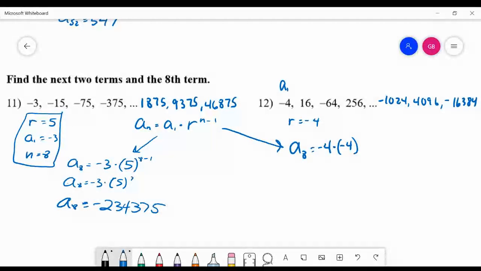And then our exponent is going to be 8 minus 1, or 7. So I'm going to put that into the calculator. And that's going to give us 65,536.